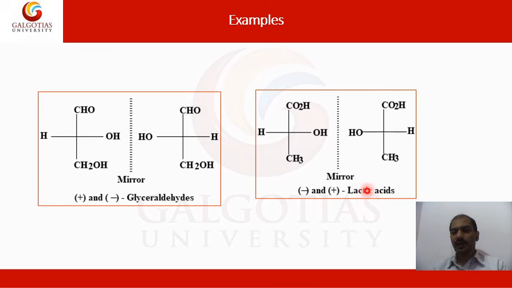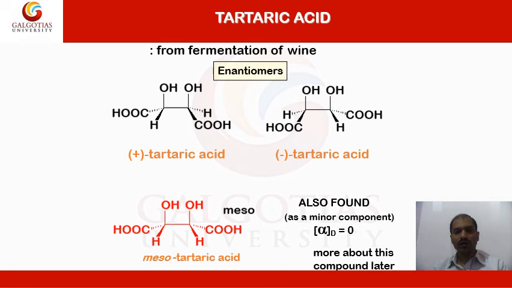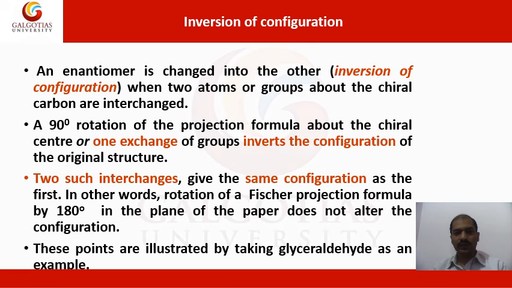Similarly, you can see another example in lactic acid. With the help of this you can also understand. There are many more examples that will come once we discuss in detail. So here we have gone through the basics of stereochemistry. There are a number of other examples like tartaric acid and many more.